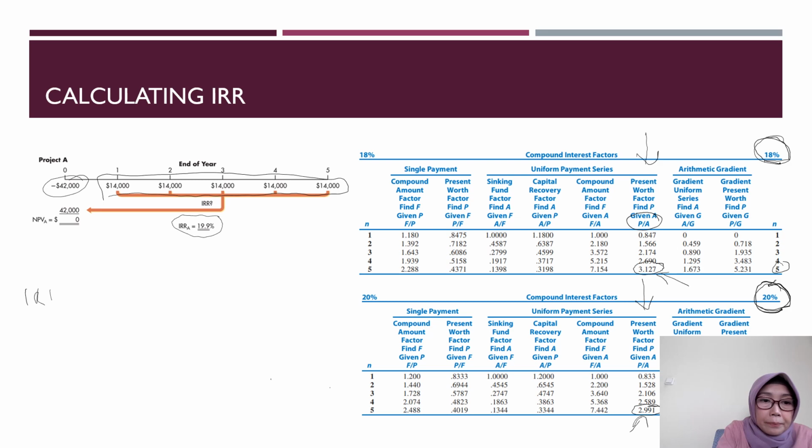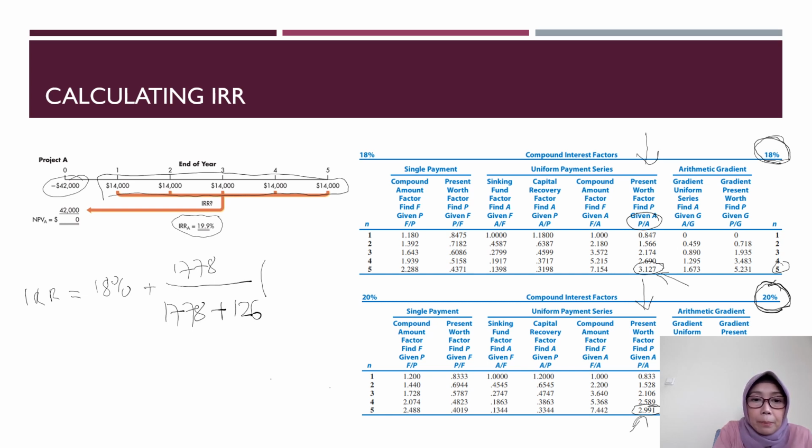The IRR is going to be equal to 18%, the discount rate that generates positive NPV, plus 1778, the NPV for 18%, divided by 1778 plus 126, the negative NPV for the discount rate of 20%.